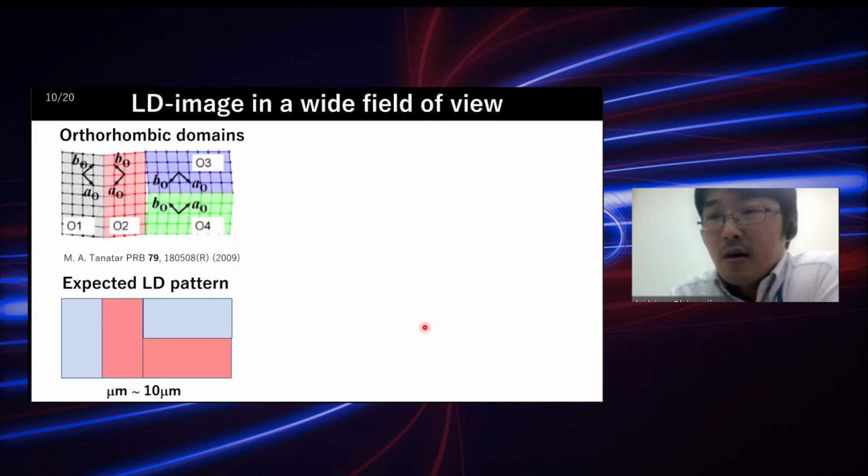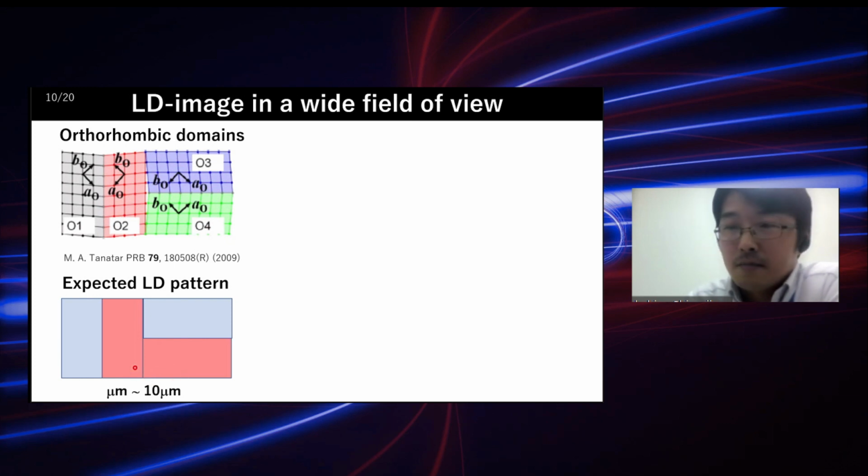Okay, now I move on to the experimental results. Before the experiments, we simply expected this kind of LD pattern, which has micrometer or tens of micrometer scales, similar to the orthorhombic domains as reported by this paper.